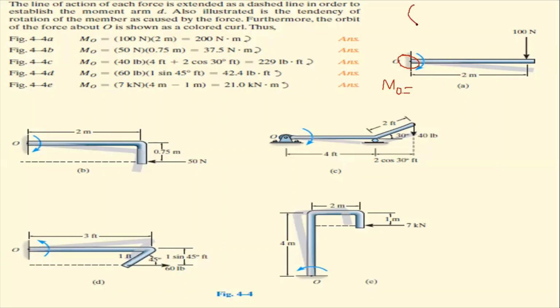It's up to you which direction you take as positive and which as negative. For example, if I'm taking this direction positive, then this direction should be negative. Here it is the same case, this direction is the negative one. So what is happening here is that it will become 100 into 2, because moment is force into displacement.